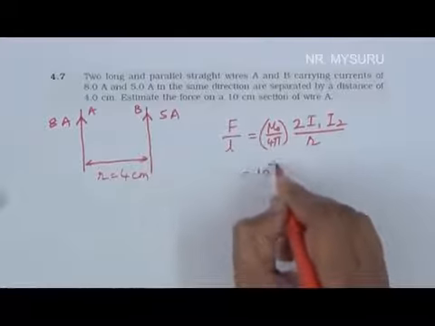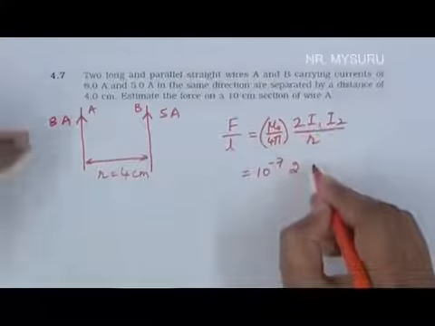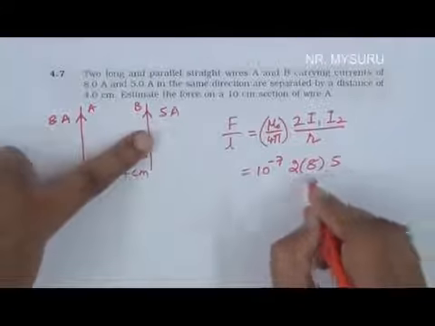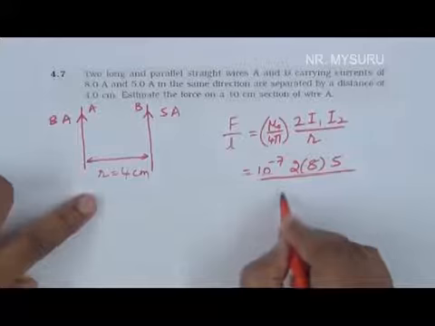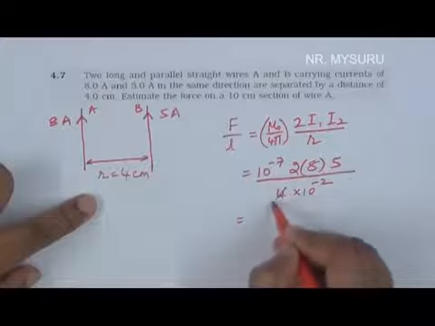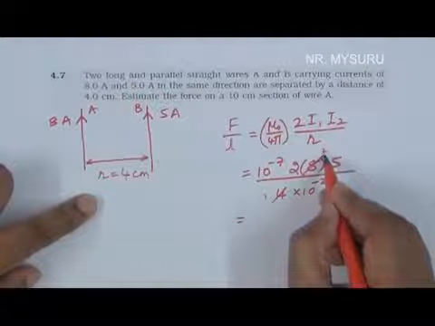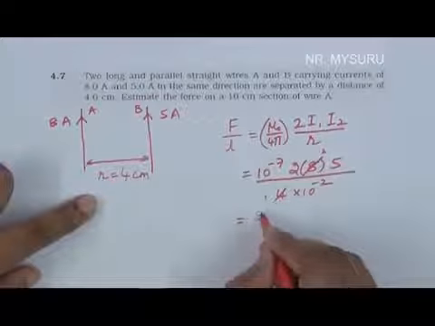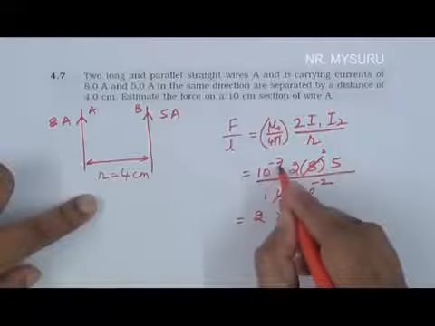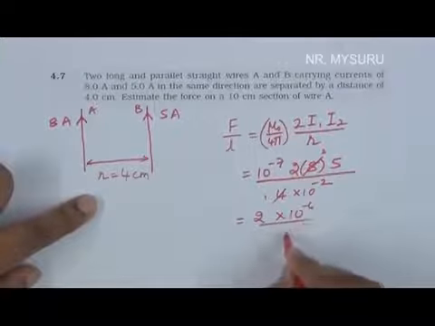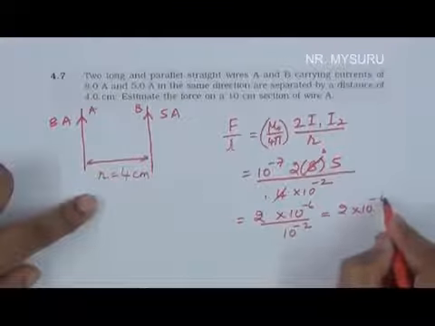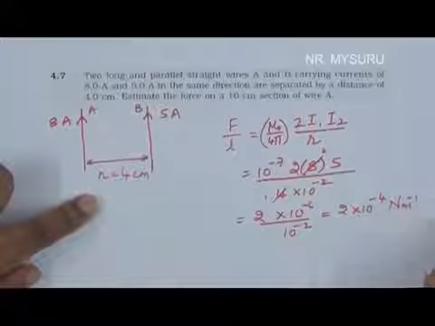It is 10 power minus 7. 2, current through one of the conductors is 8 ampere, second conductor is 5, divided by distance between them 4 centi, 10 power minus 2. 4 into 4 is 16, 10 power minus 7 is 10 power minus 6, by 10 power minus 2, which is 2 10 power minus 4 Newton per meter.